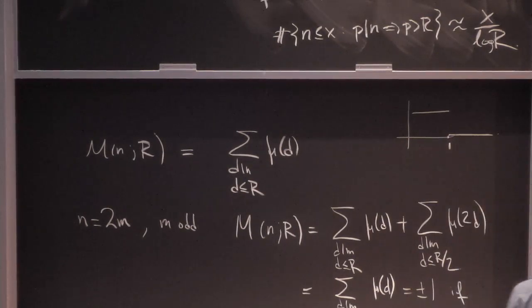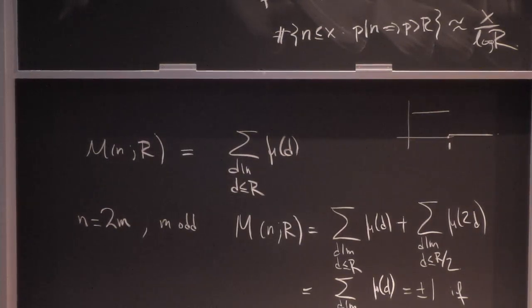So some smoothing is necessary, and these isolated divisors are a hands-on way to see why. As a matter of fact, I should say also that the integers that do have a divisor between r over 2 and r have lots and lots of prime factors, something like a constant times log r prime factors.